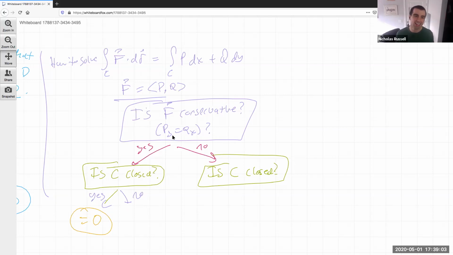The next case: F is conservative, cool, but C is not closed. What I can do then is use the fundamental theorem of line integrals, because all I have to do is evaluate what happens at the end and at the beginning.